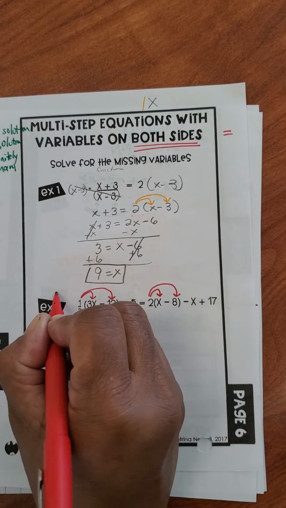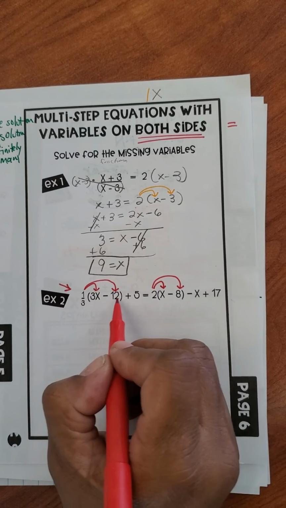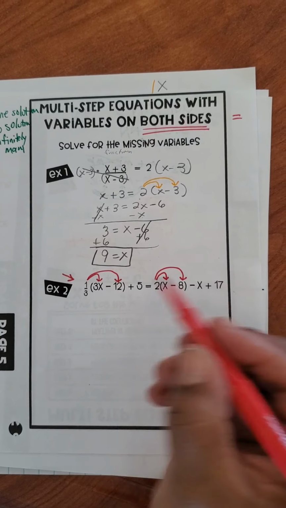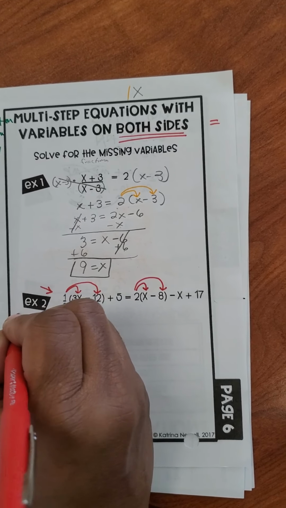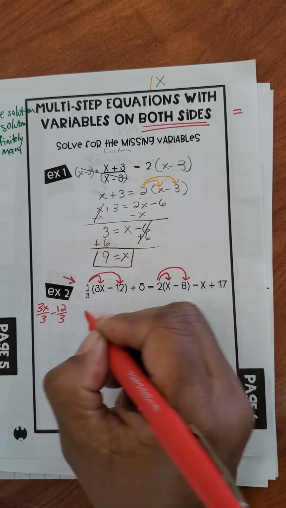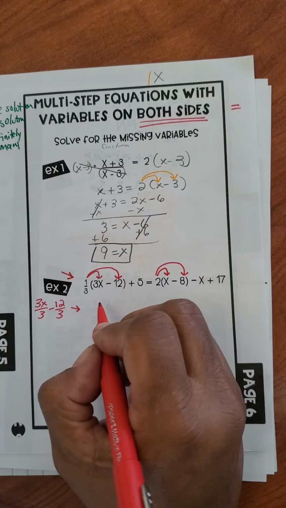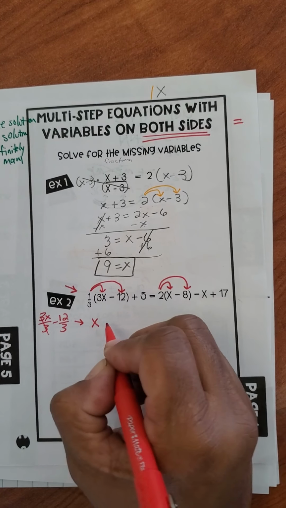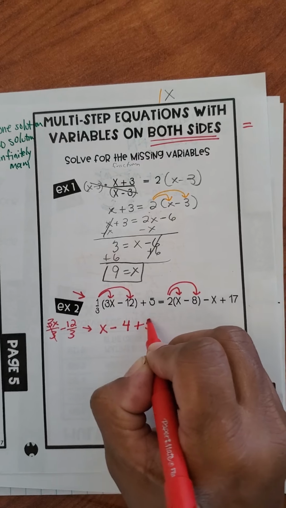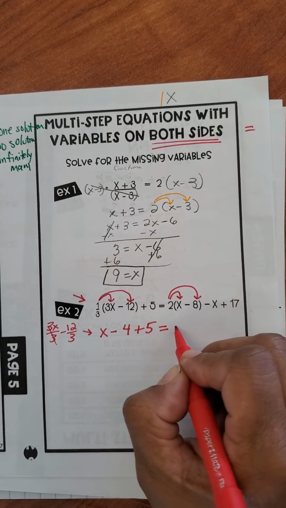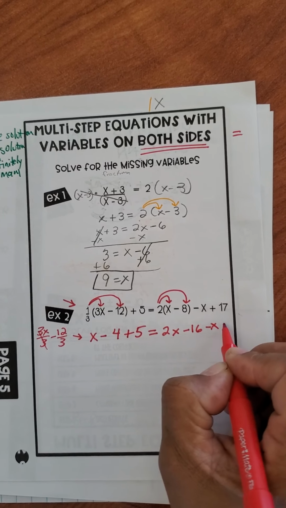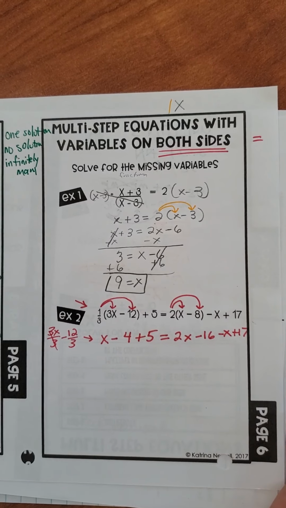Basically, for this one, we're going to divide everything by 3. Another way of looking at it: 3x over 3 minus 12 over 3. So that becomes x minus 4. Don't forget your plus 5. We're just simplifying. Now we have 2x minus 16 minus x plus 17.